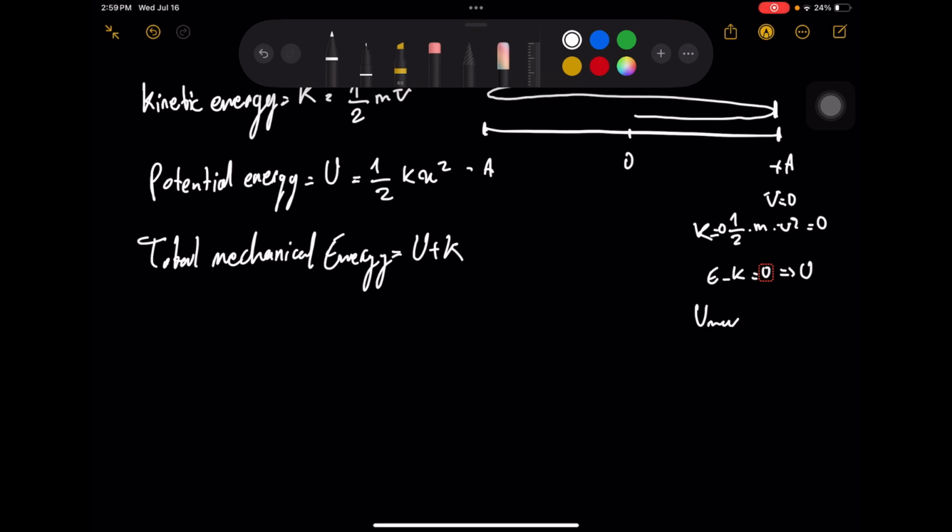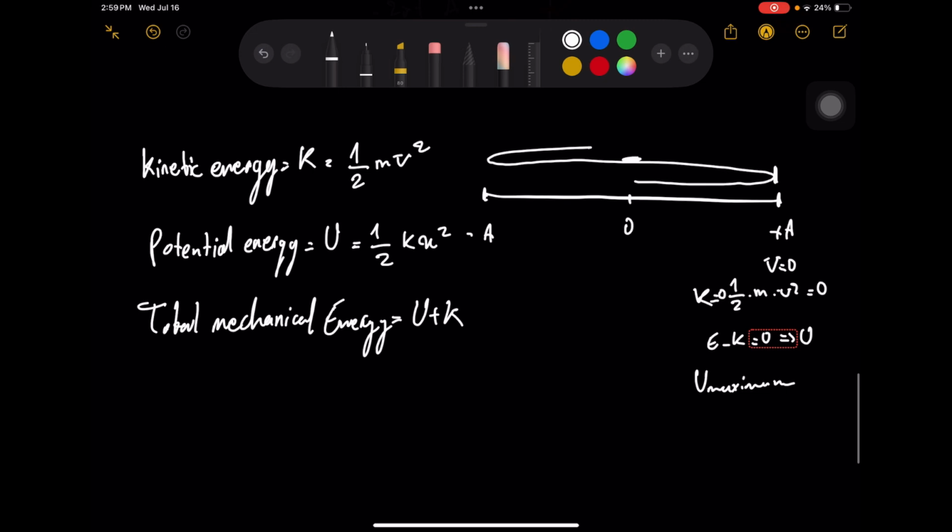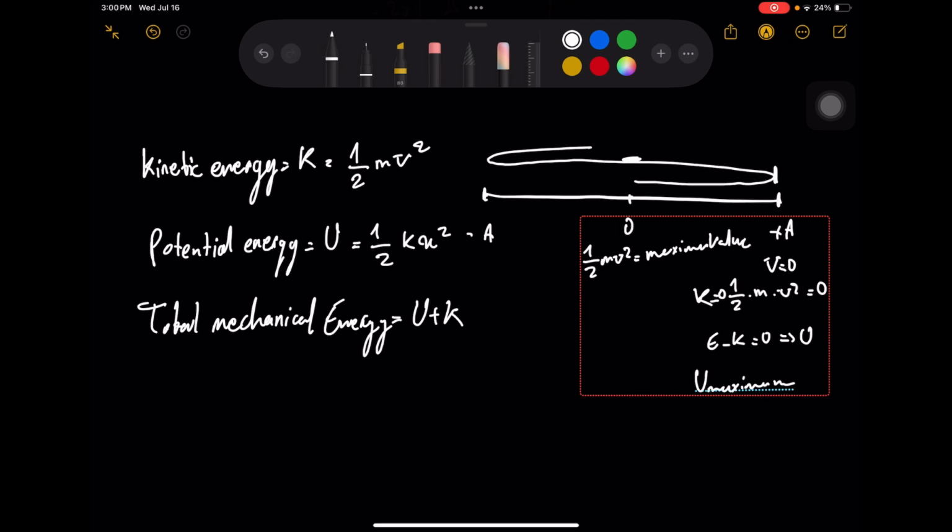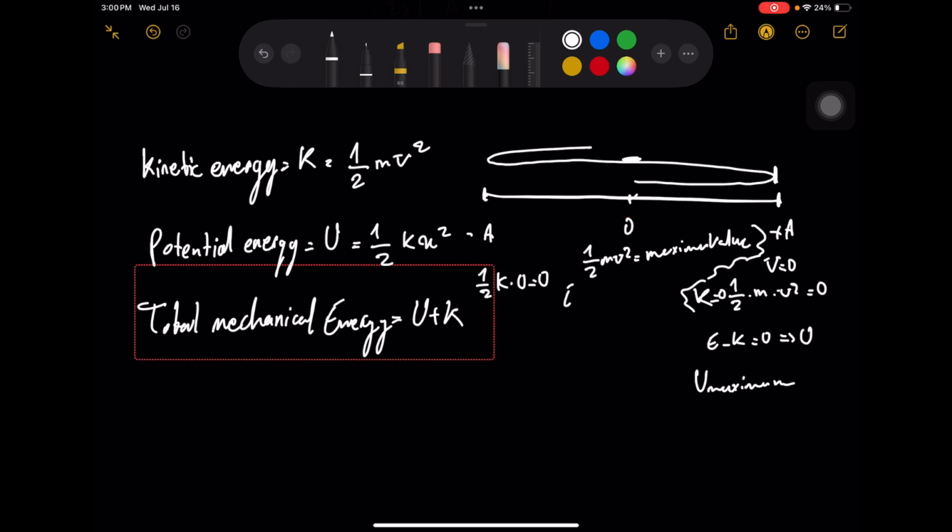It's maximum. But notice here, we have the maximum velocity, so half mv squared would be the maximum value. And there is no displacement from the equilibrium position, so the potential would be 0, because our x is 0. So half k times 0 would be again 0, and E minus U equals K, so our K is maximum.